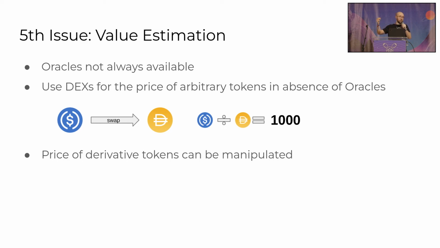Usually what happens with these protocols is that they expose a view function where people can query the price of the derivative token. But unfortunately, if the protocol that exposes this function gets hacked, then again, we can manipulate the price and either undervalue or overvalue the assets that we have.